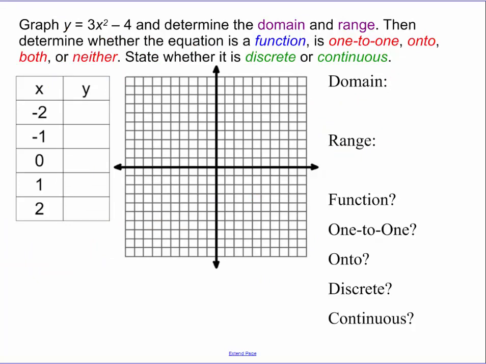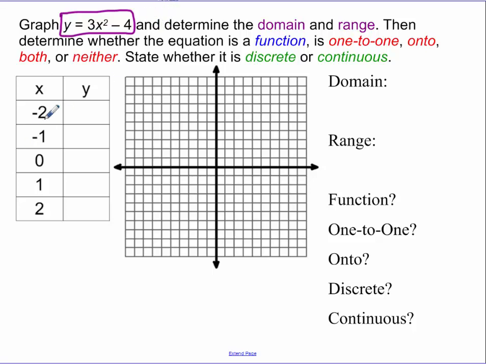Okay, our next function: determine the domain and range, determine whether the equation is a function, 1-to-1, all the stuff we just did. Okay, so we don't know. I don't expect you guys right now to remember what that graph looks like. Later on in the year we're going to study what that graph looks like, and I'm going to give you ways to graph it. If you ever don't know how to graph a function, just plug in points.